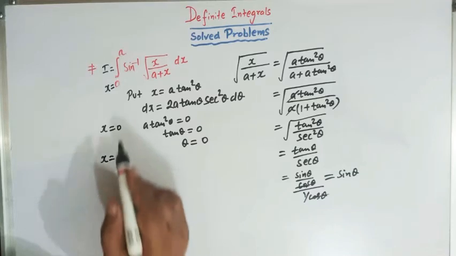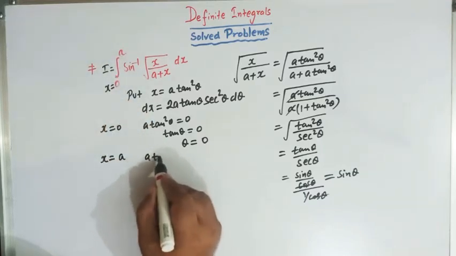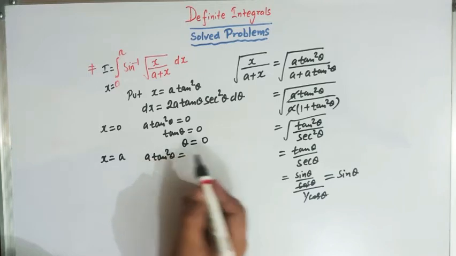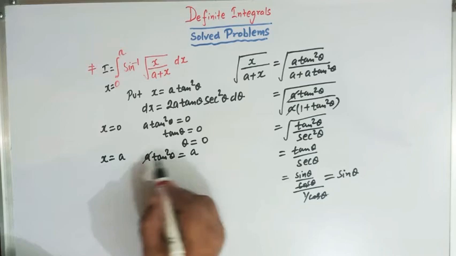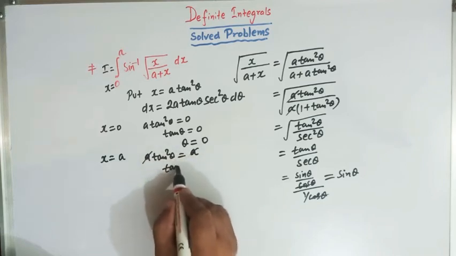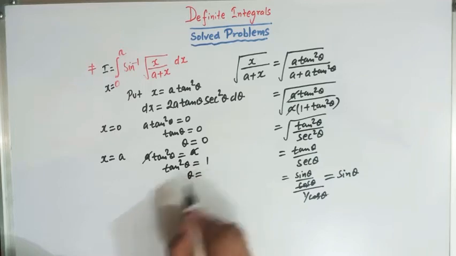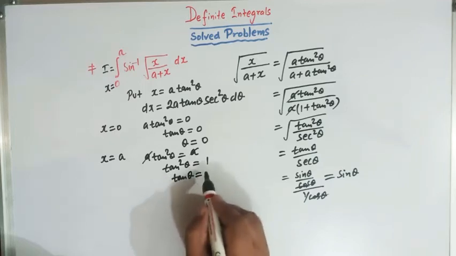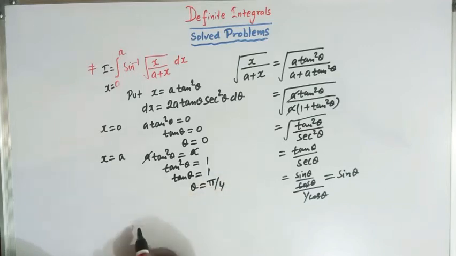Similarly, when x is a, we have a tan square theta is equal to a, and a get cancelled, so we have tan square theta is equal to 1, so tan theta is equal to 1, so theta is pi by 4.